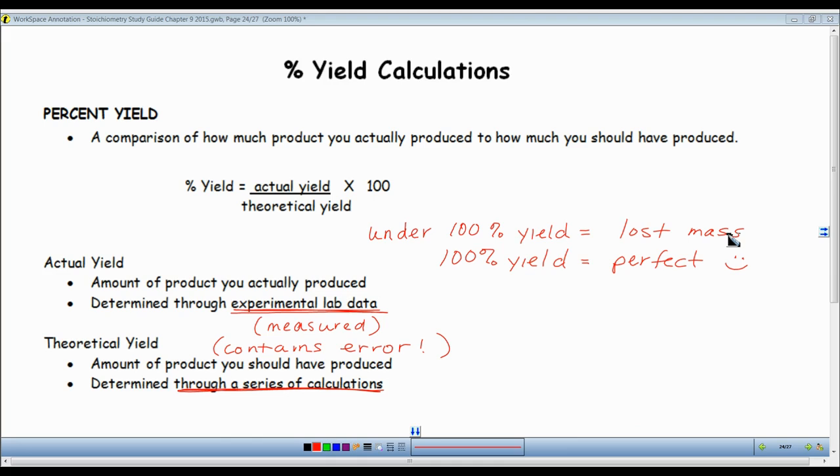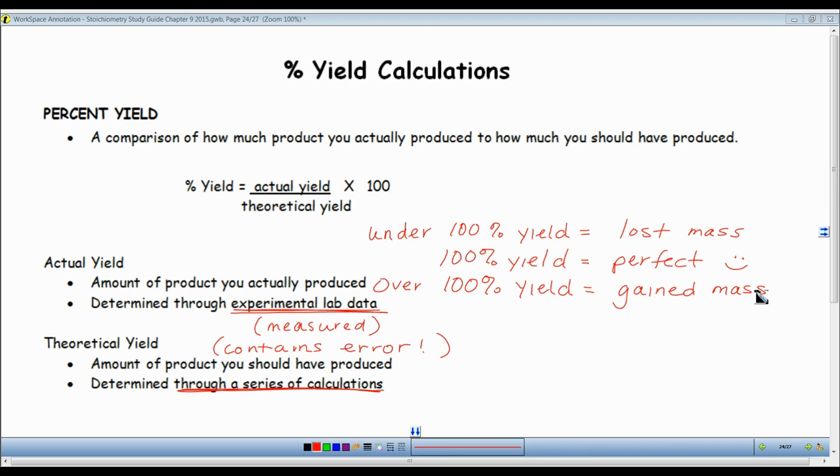Your other option then is to be over 100% yield, which can happen. It means that you gained mass. Now, often it's from some kind of a contaminant. In a precipitate lab, we got to make sure that your final product is dry.